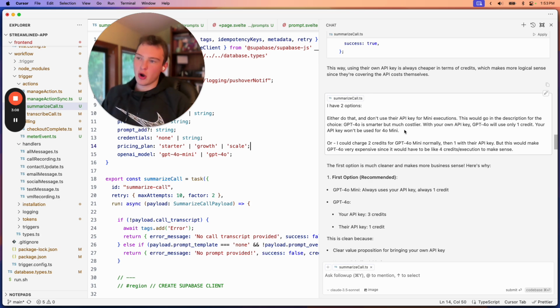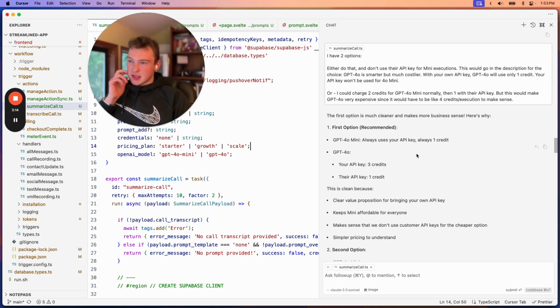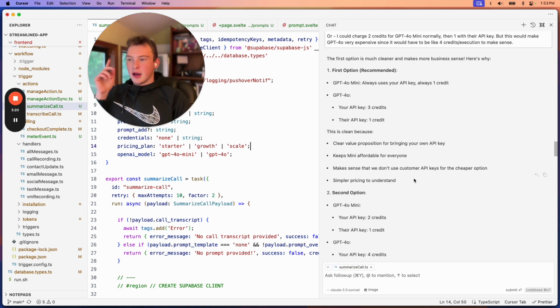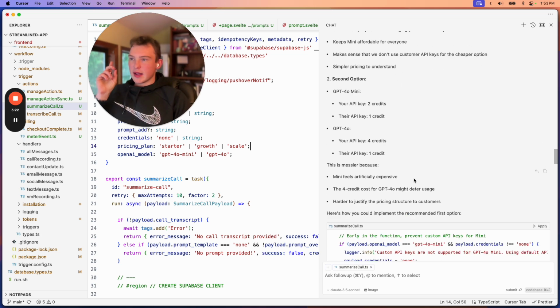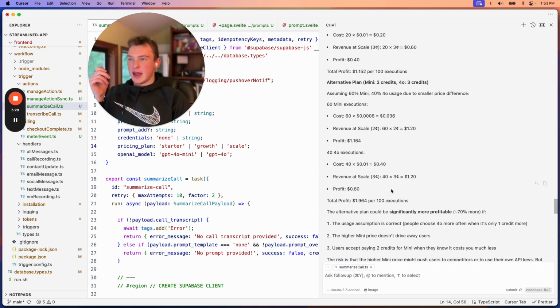But for 4.0, we would use your API key, and it would only cost 1 credit instead of 3 credits. So that's maybe a little confusing, because you put in your own API key, but it doesn't get used for mini. And the other option is to just charge more for mini and then hope that more people choose 4.0.